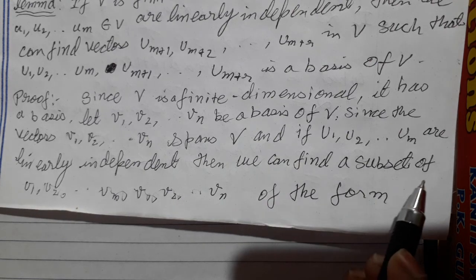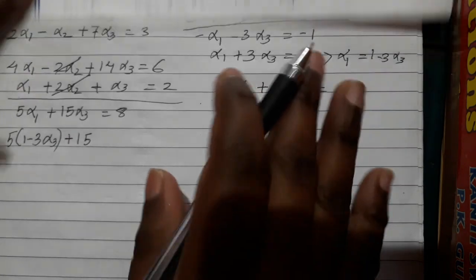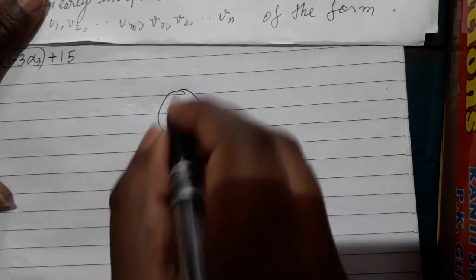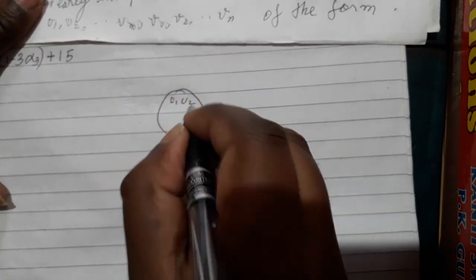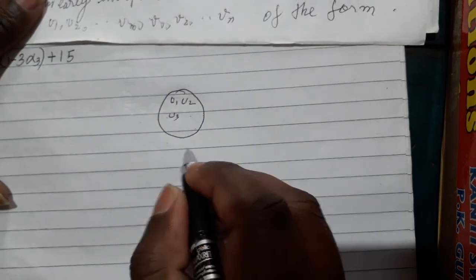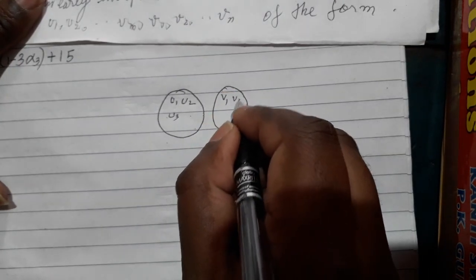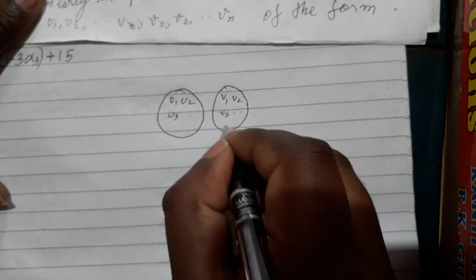Now we can find a subset, choosing like this. We have two sets: one consisting of u1, u2, u3, and so on, and the other consisting of v1, v2, v3, and so on till vn.